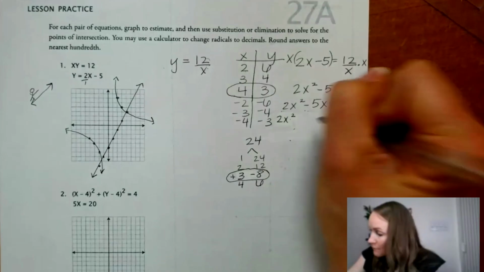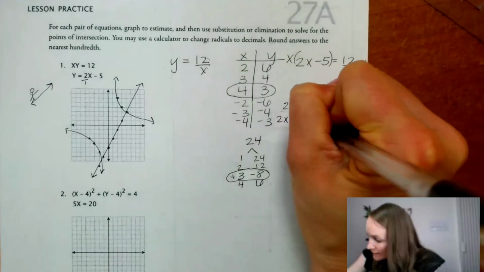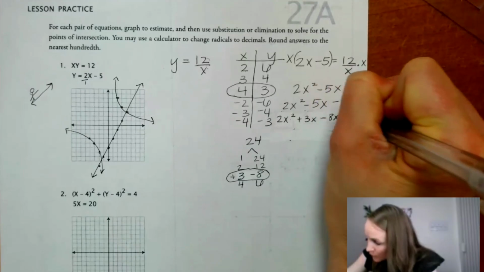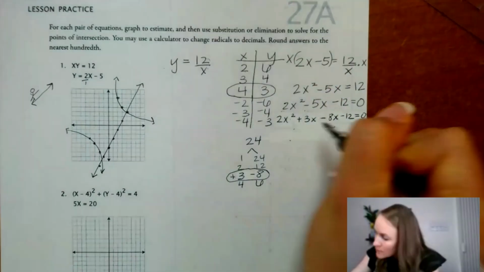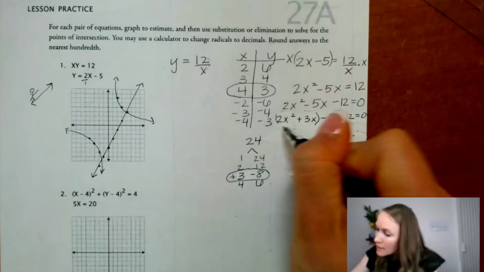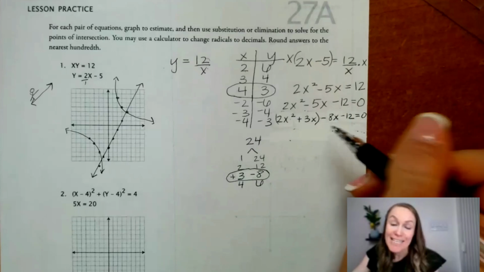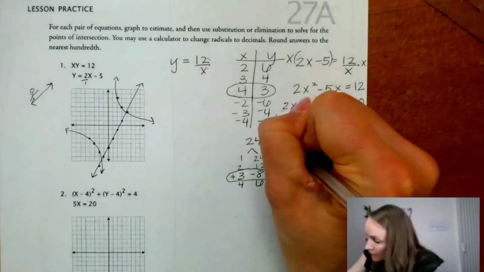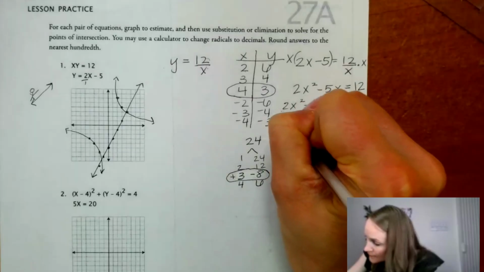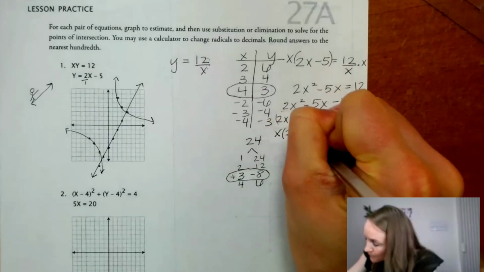So I have plus 3x minus 8x minus 12 equals 0. Okay, so I'm going to go ahead and group this first group here. And the only thing I have in common here is x. So I'm going to factor out x, and I'm left with 2x plus 3.